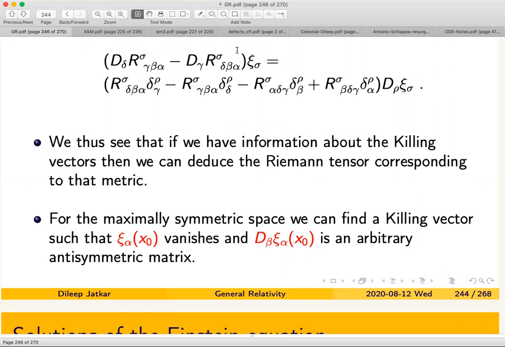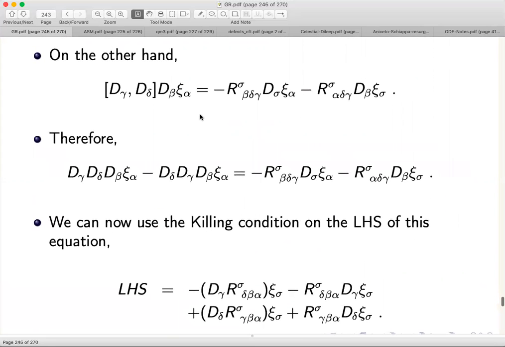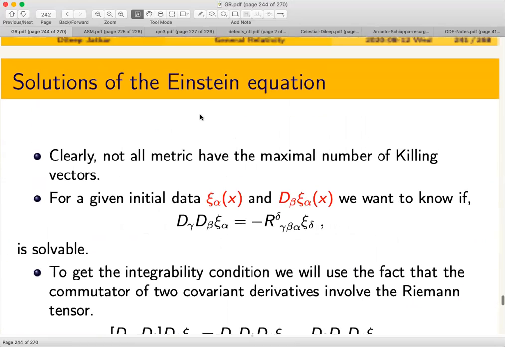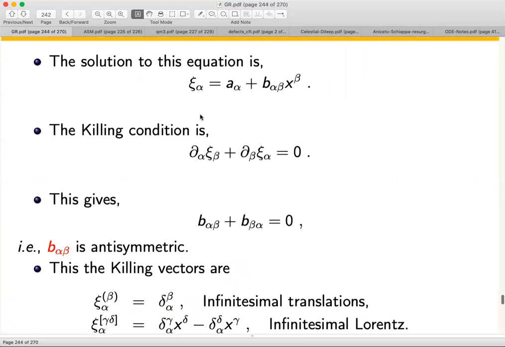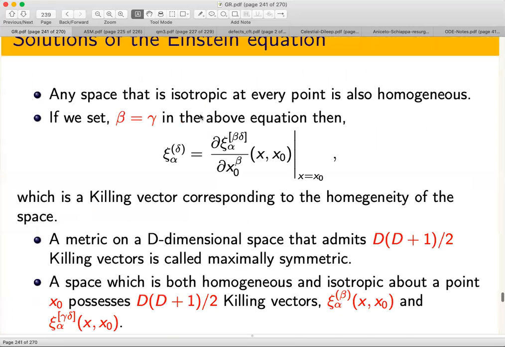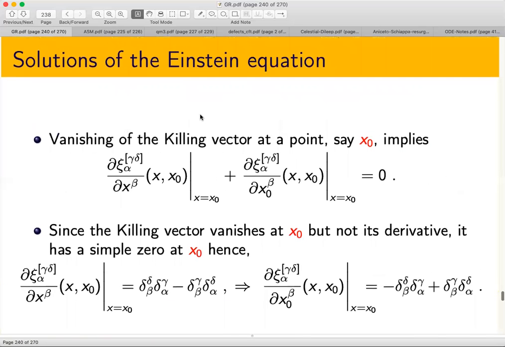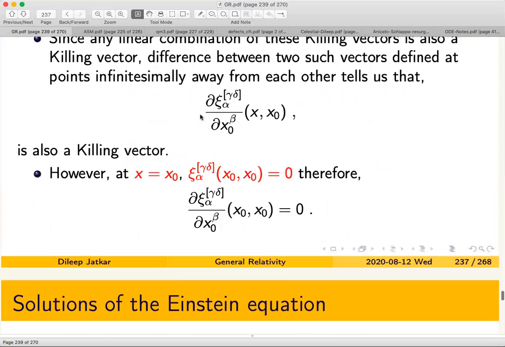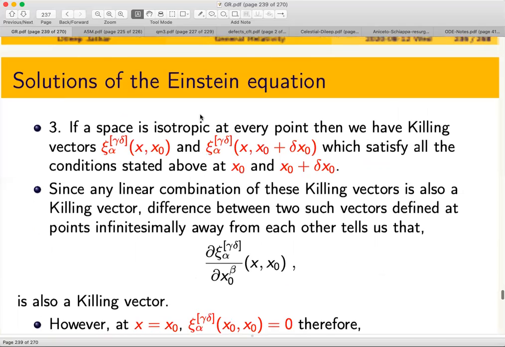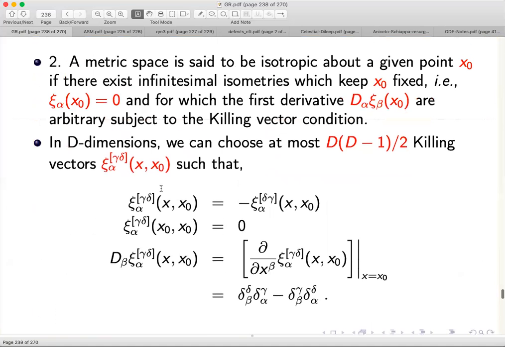Remember, this is a Lorentz transformation Killing vector, a rotation Killing vector, whatever you want to call it, which has the property that the Killing vector is 0, but its first derivative is arbitrary.